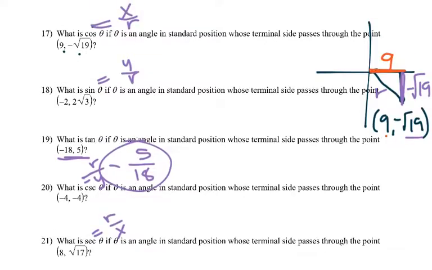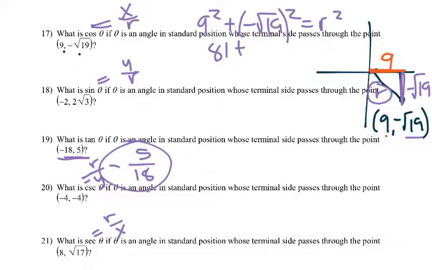For the other ones, we've got to figure out the r, so we use the Pythagorean Theorem. So what I would do is I'd go 9 squared plus negative square root of 19 squared equals r squared. 9 squared is 81. Negative squared is positive. Square root squared just gets rid of it, so we get 19 equals r squared. 81 plus 19 is 100.